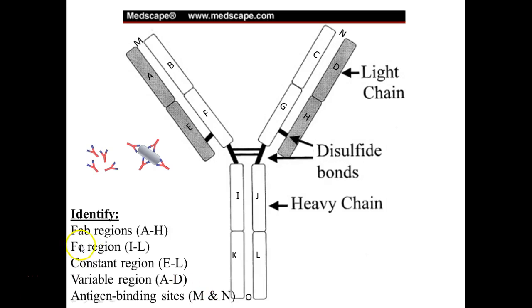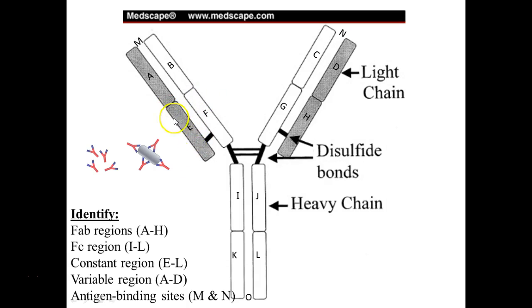So again, I wrote out here, the FAB regions include all these letters, A, B, C, D, E, F, and G and H, right? This is all that antigen binding fraction. Your FC region is this bottom portion of the heavy chain, this constant region, I, J, K, and L. The constant regions, remember, extend a little bit further, right?